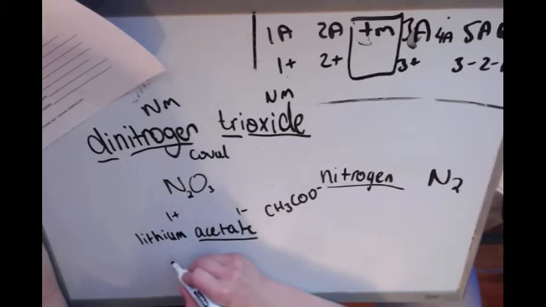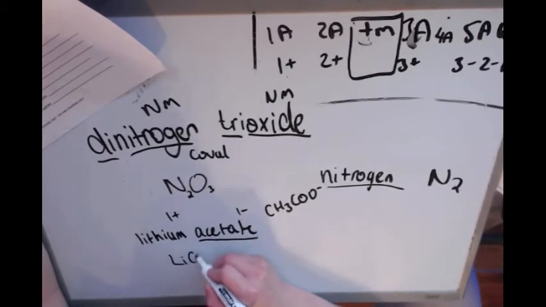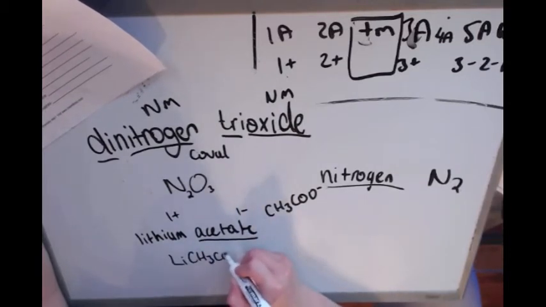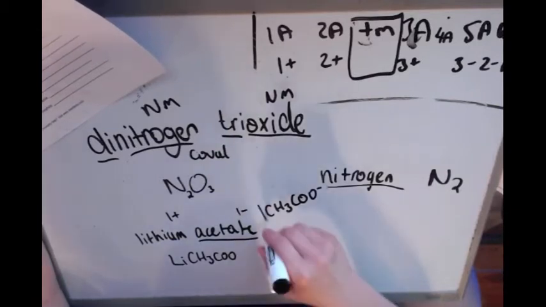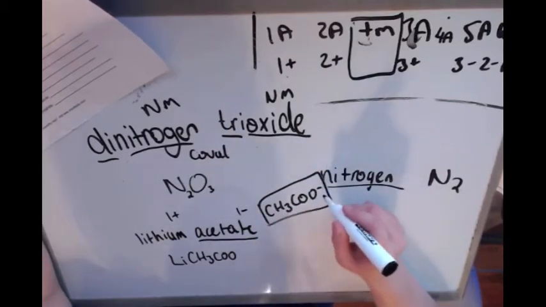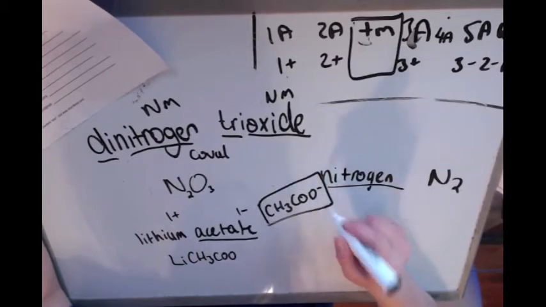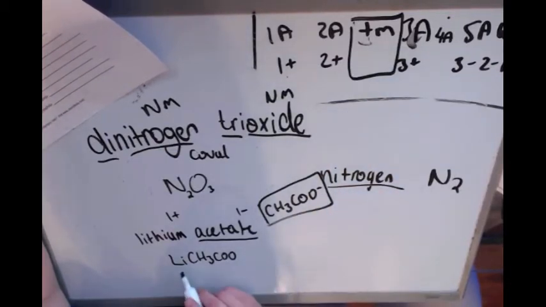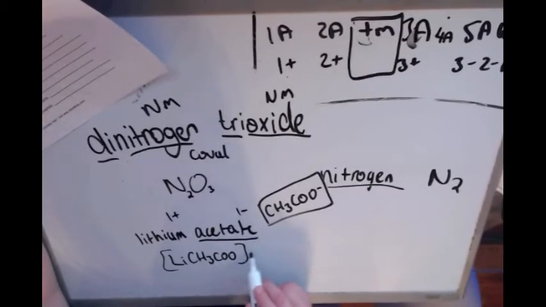It's good to go. You simply write lithium CH3COO. This is the polyatomic anion you're required to memorize. That's as an anion. When an anion bonds with a cation, you don't have to write that negative charge because together they balance their charges out and have a neutral compound.